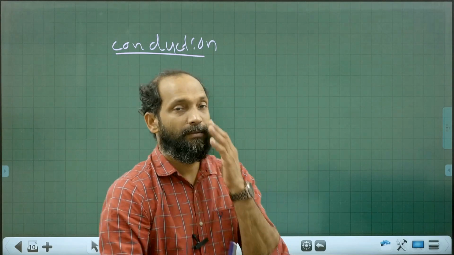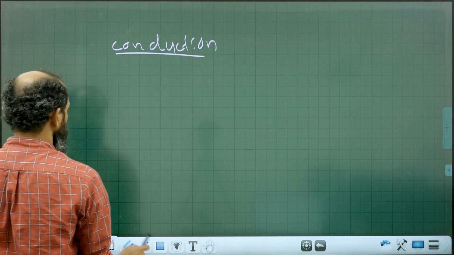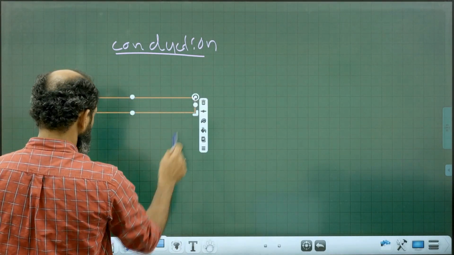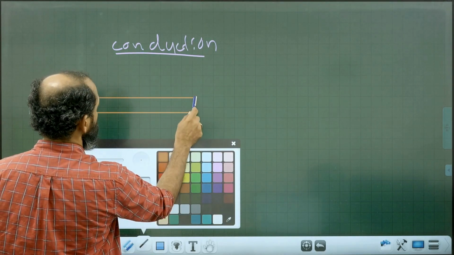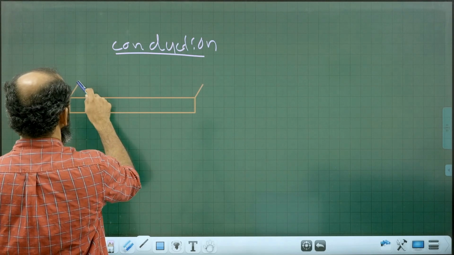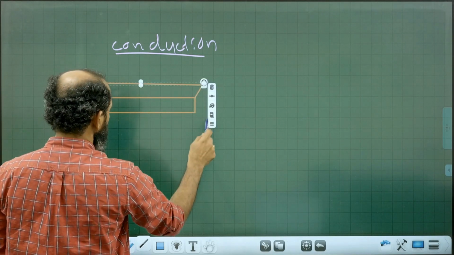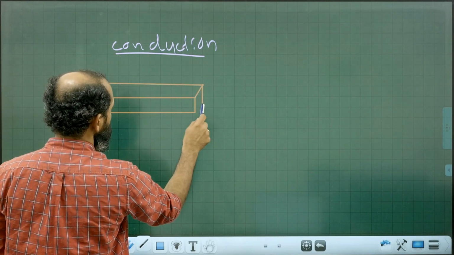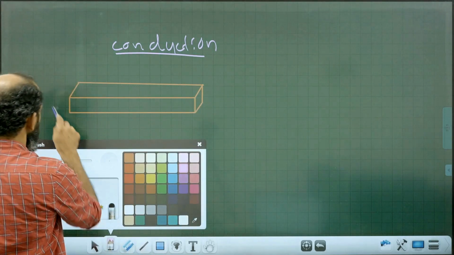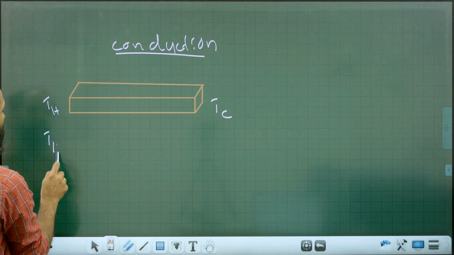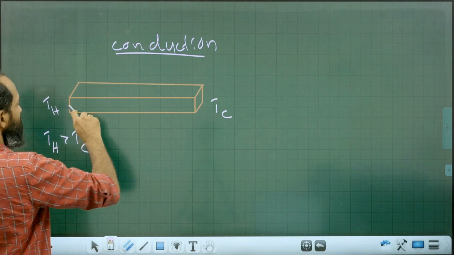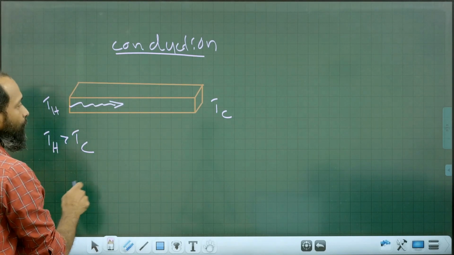If you have a metallic slab of this form, whose length is L and the ends are maintained at a temperature difference, one end is TH, the other end is TC. TH is greater than TC, so heat energy starts to flow from the hot end to the cold end.